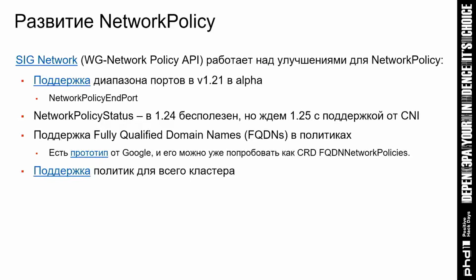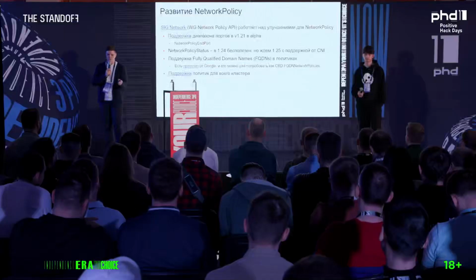The fact that they can support the fully qualified domain names is the new thing, and policies for the whole cluster. Right now, native policies are only used pertaining to a particular namespace. If you want one rule that would act for all microservices and all namespaces, you have to copy-paste it. But you want to have it irrespective of namespace, don't you?